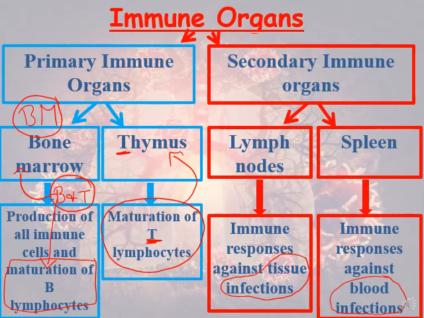It has a role in production of both B and T lymphocytes and matures only the B, whereas the thymus has a minor role, it matures only the T.